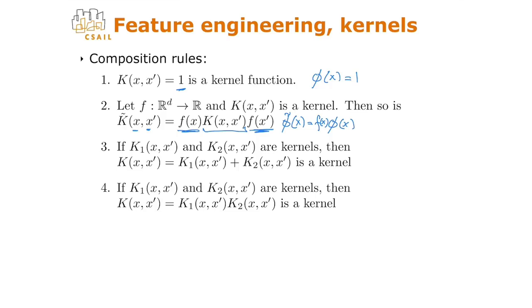If I have 2 kernel functions, k1 and k2, they have their own feature representations. If I add the 2 kernels together, I will get a valid kernel function that now has a feature representation that's just the coordinates appended from the 2 previous kernel functions.